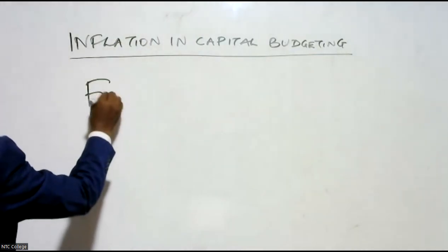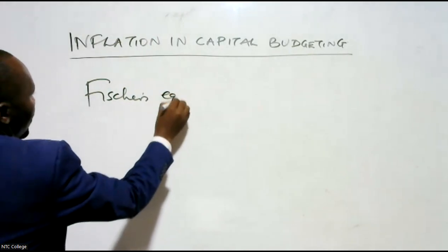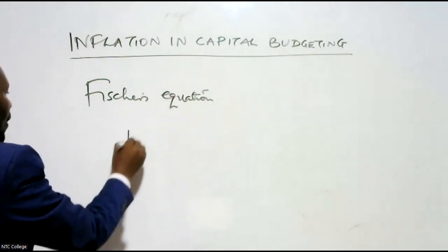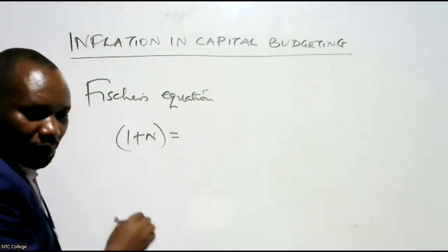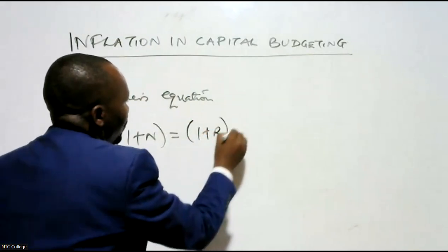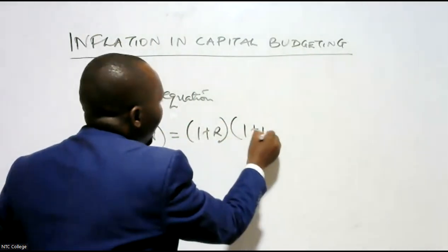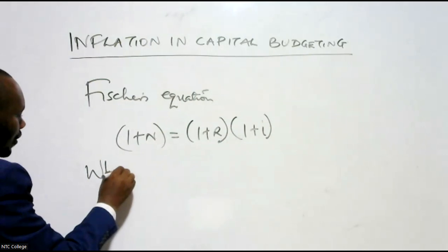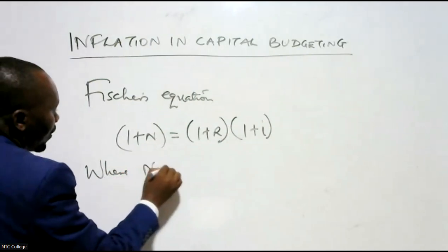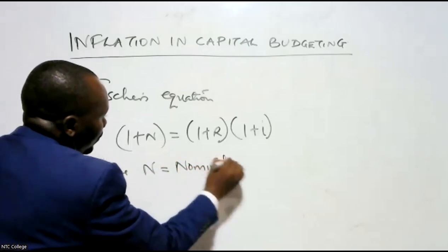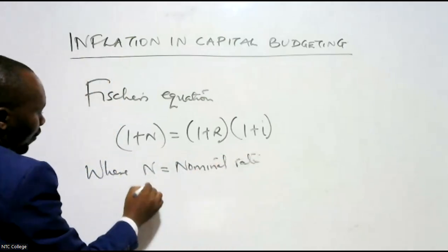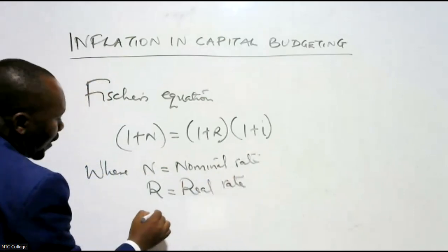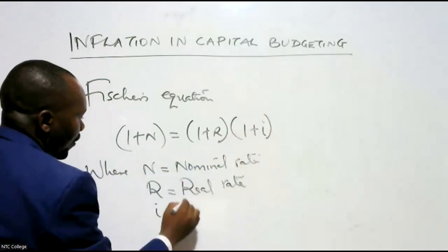We have Fisher's equation, and it says that 1 plus n is equal to 1 plus r into 1 plus i, where n is the nominal rate, r is the real rate, and i is the inflation rate.